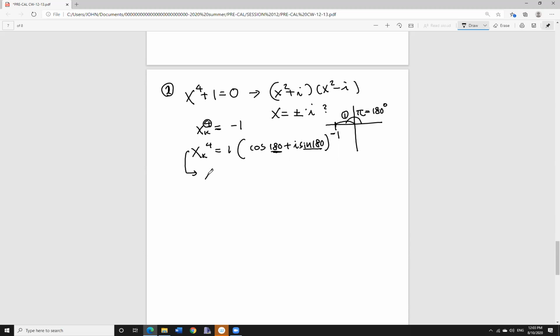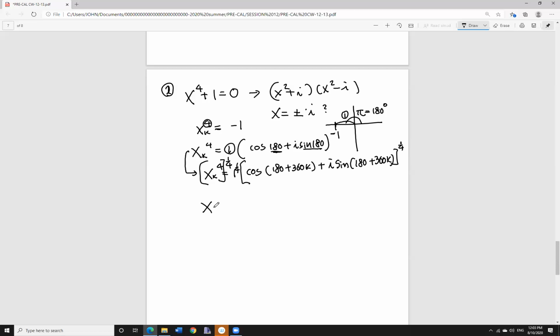So x_k to the 4th power equals cosine of 180 plus 360k, plus i sine of 180 plus 360k. Now we need to find the starting angle. To find the root, we multiply by 1/4. 1 to the 1/4 is still 1.